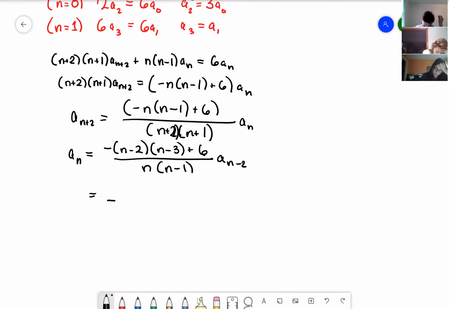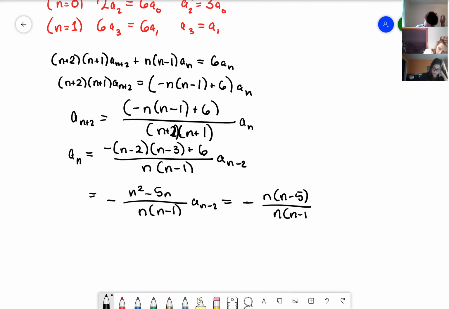That'll become minus n squared minus 5n plus 6 minus 6 over n times n minus 1, a(n-2). So this is equal to negative n times n minus 5 over n times n minus 1. That seems familiar. Minus n minus 5 over n minus 1, a(n-2).